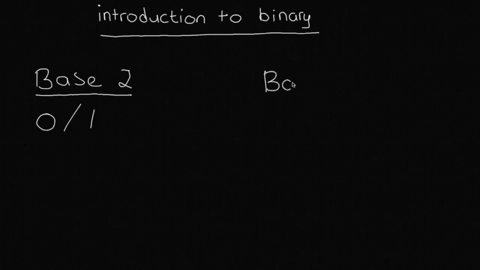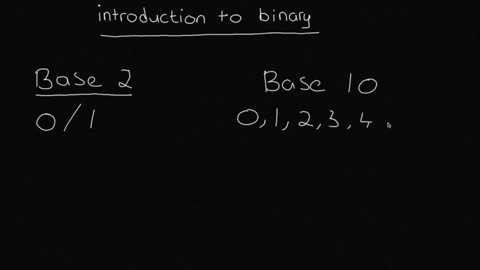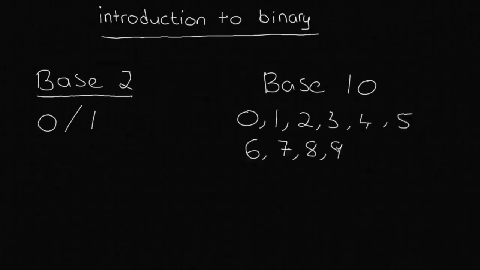So base 10 is what we'd use in the likes of normal maths. So in base 10 we can use numbers like 0 and 1, so it's the same as binary, but in base 10 we can also use 2 and 3 and 4 and 5 all the way up to number 9.